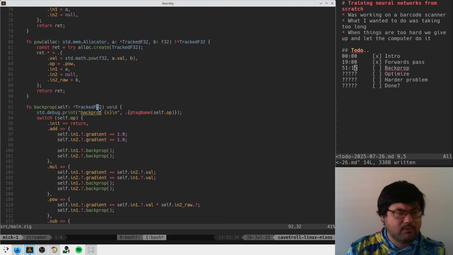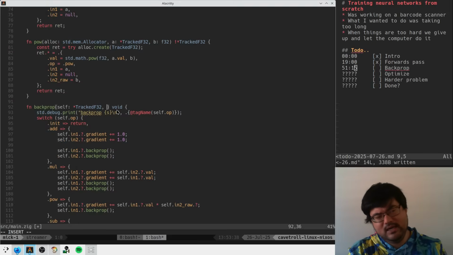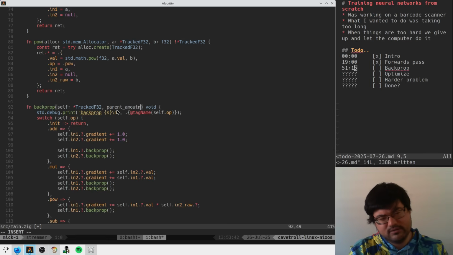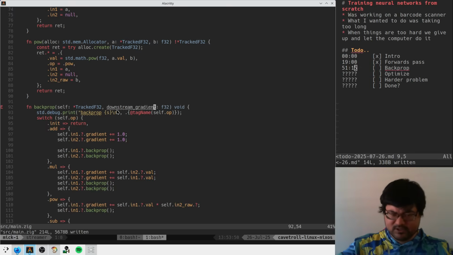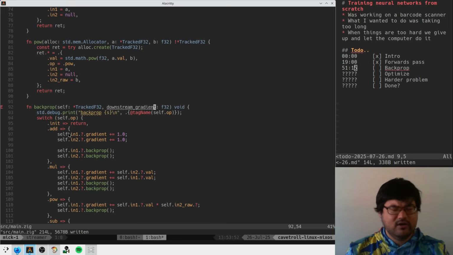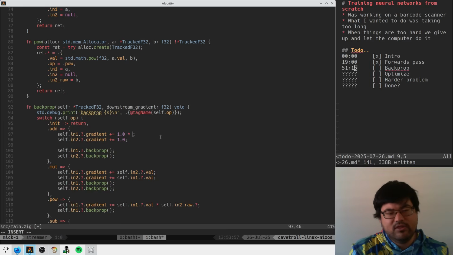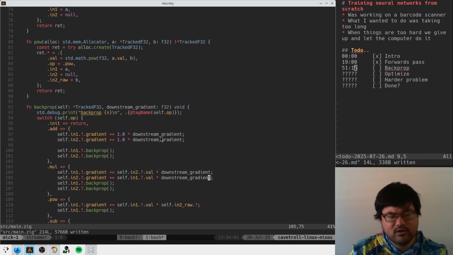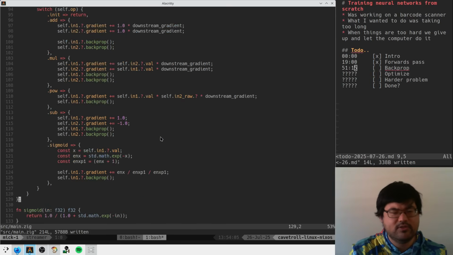So Backprop needs to take in a parent amount or something, like downstream gradient. How much does this affect everything else? And here we just multiply everything by downstream gradient every time we modify these guys. I think that makes sense.